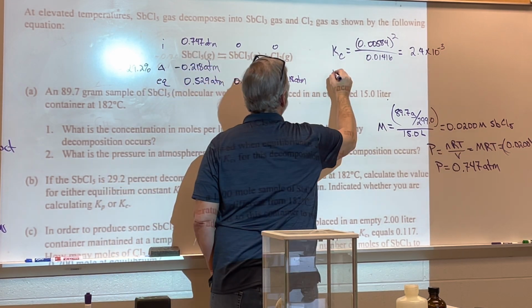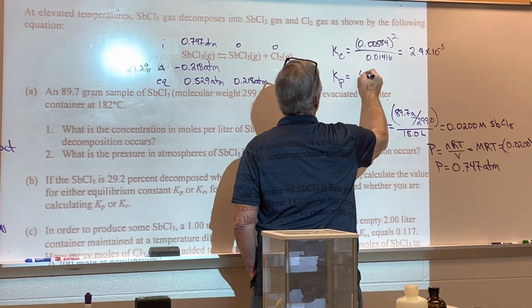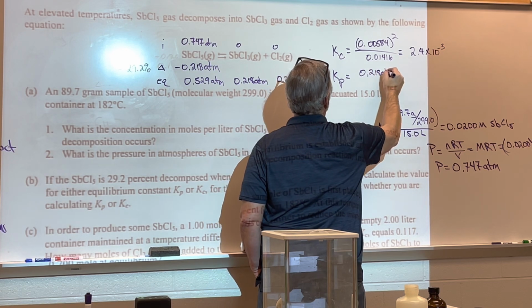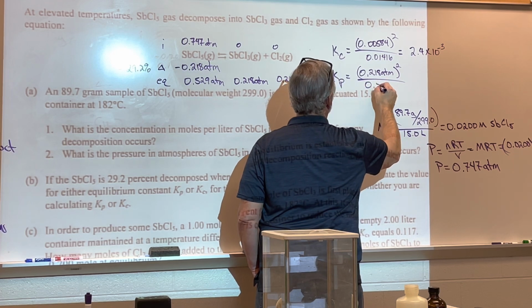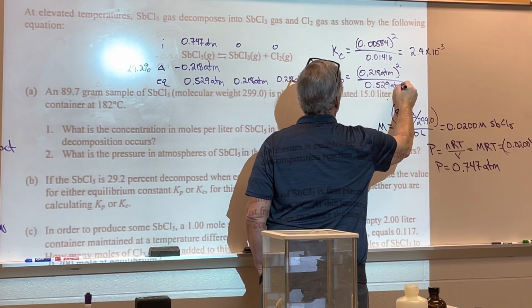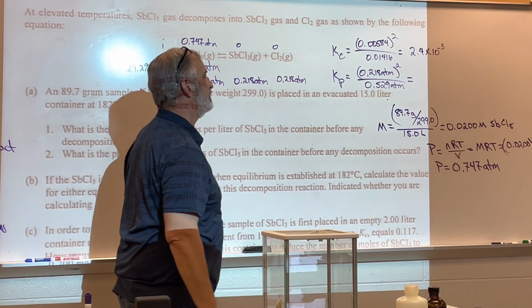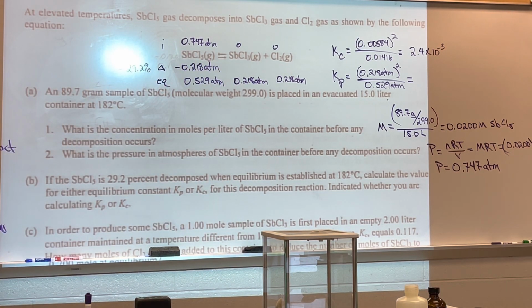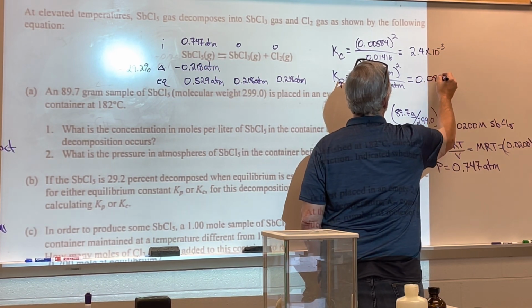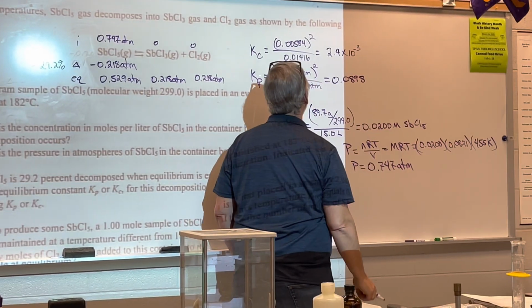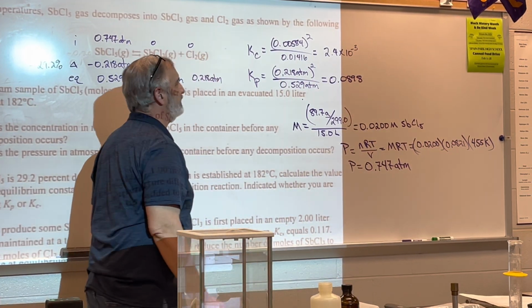So now Kp is going to equal 0.218 atmospheres squared divided by 0.529. And that number equals 0.0898. And the unit on that would be atmospheres, but we're not going to worry about it.